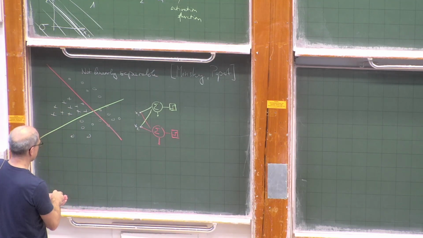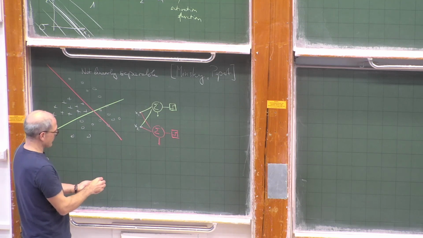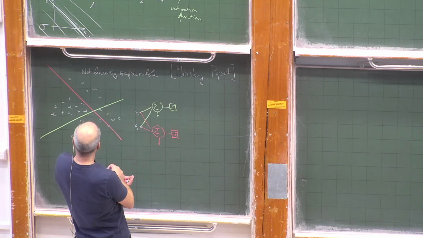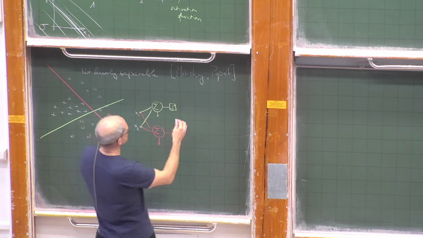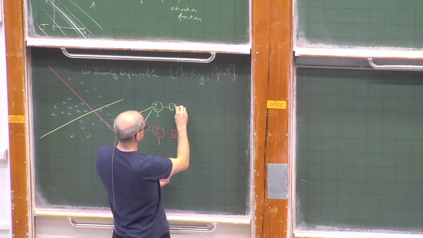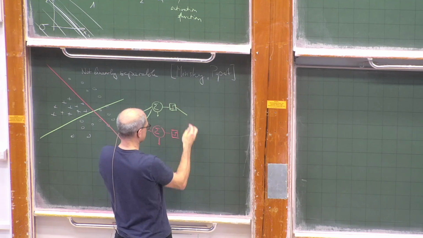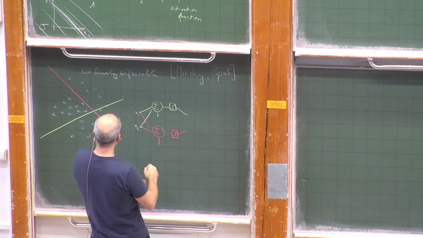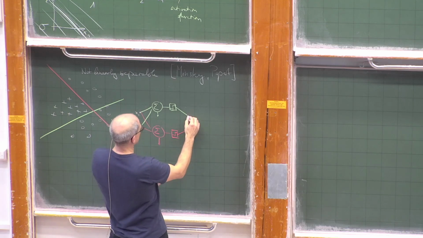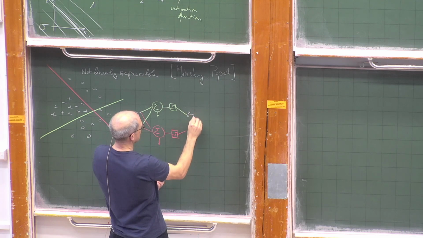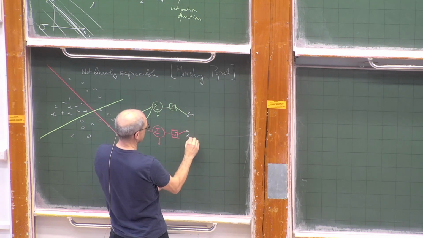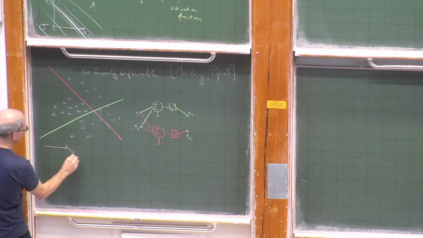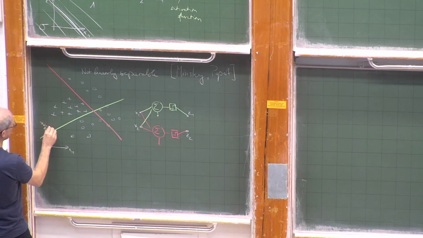Because if we take a perfect step function, we now get out a new representation here. And this representation I'm going to call Z1 and Z2. This here was X1 and X2.